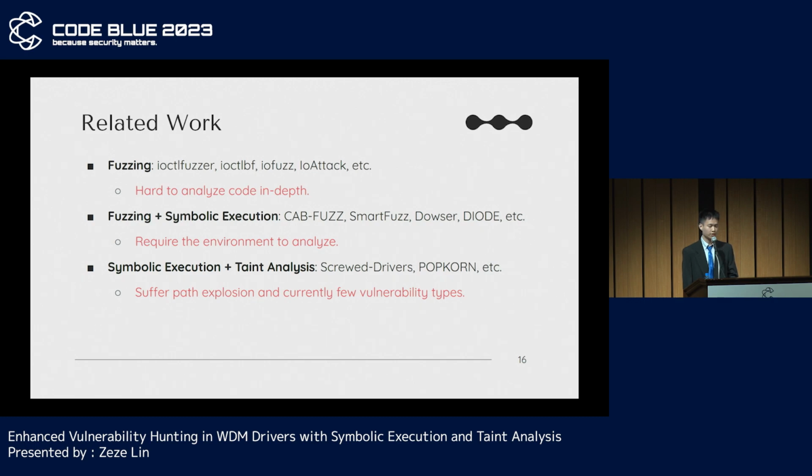However, it requires an environment to run because of fuzzing. The third type of related work is symbolic execution and taint analysis, like Screwdriver and POPKORN. This type of research suffers from path explosion and currently covers few vulnerability types. So IOCTL Lens enhances the vulnerability types and optimizes to get better performance.